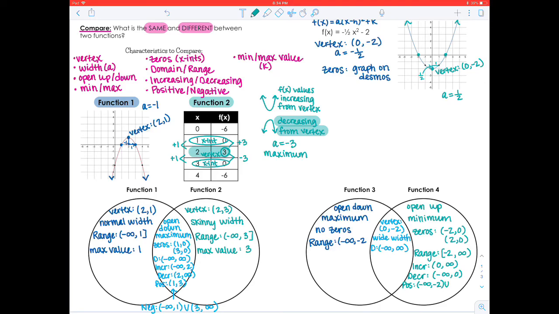And then again, starting at the other x-intercept, from 2 to positive infinity. And then lastly, negative. This is when our graph is below the x-axis. So there's only one piece of the graph that happens at, and that is from -2 to 2.